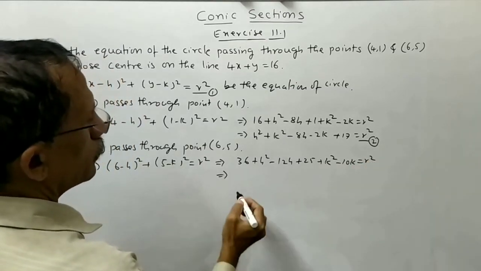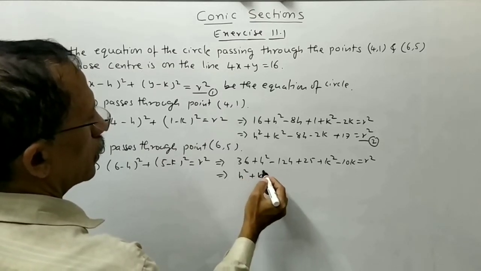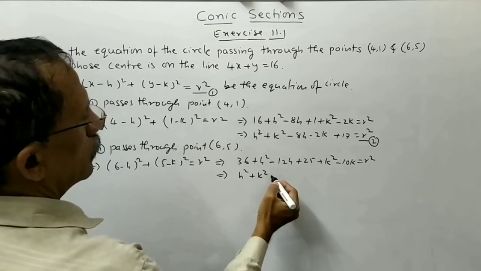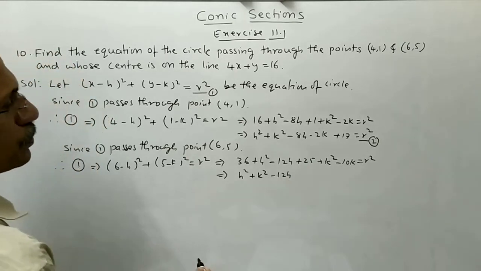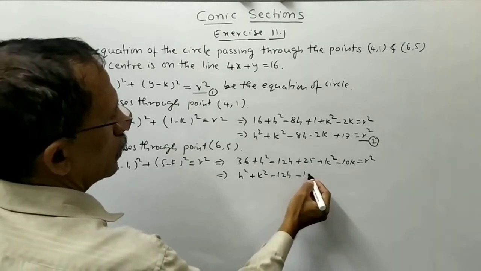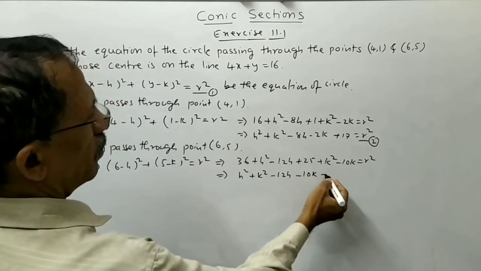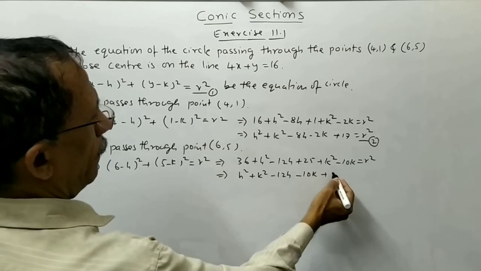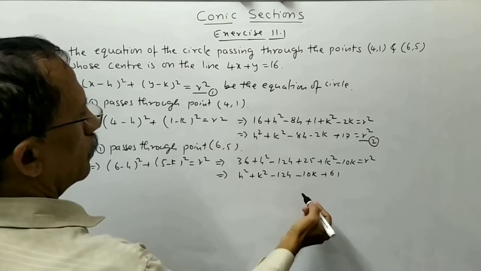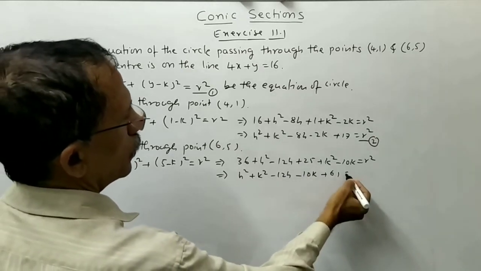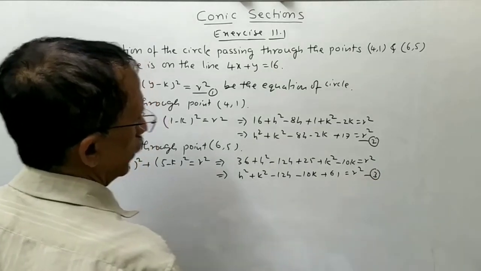This implies h² + k² - 12h - 10k + 61 = r², 36 plus 25 is 61, say number 3.